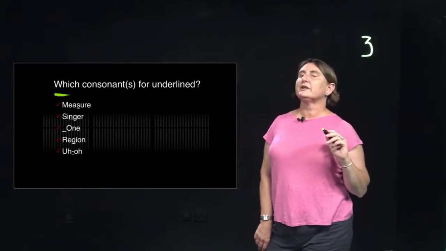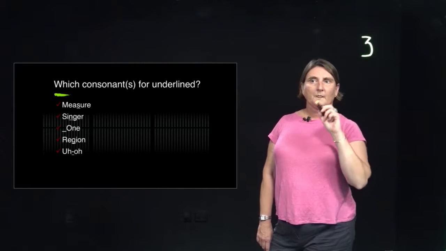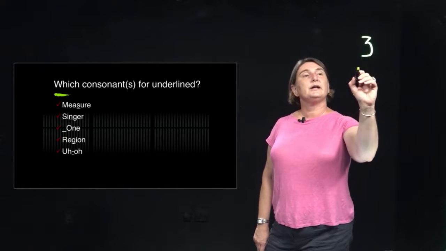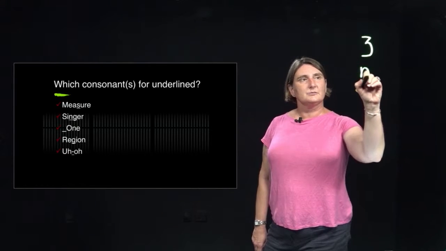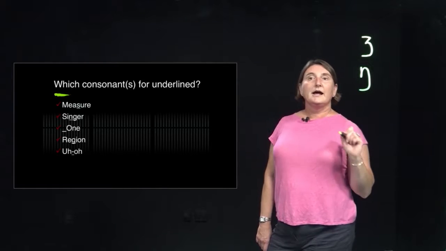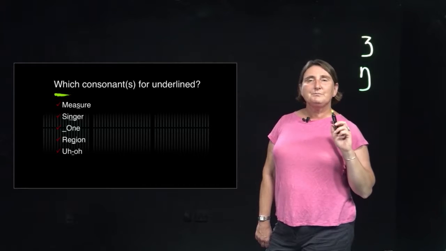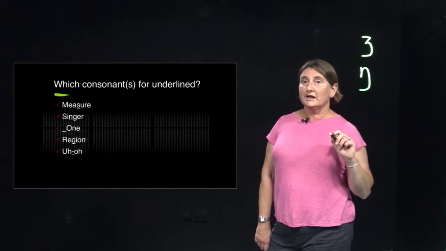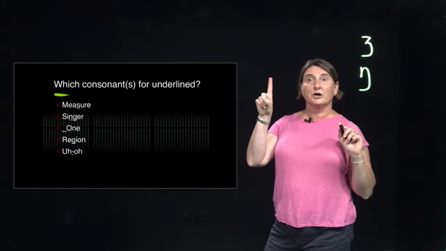Okay, now our next word is singer. For this one, I hope that your mind said that's ng. So this is a place to use the engma, the ng. Now, I want to point out while I'm thinking of it, there's a big difference between a word like singer and this, your finger.